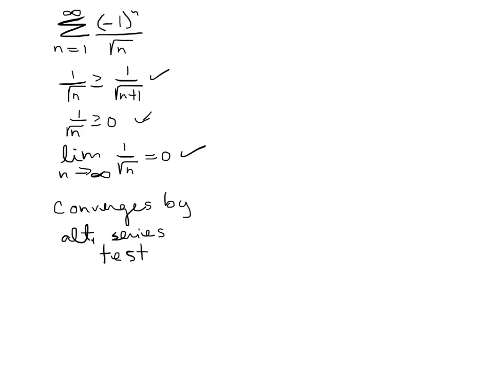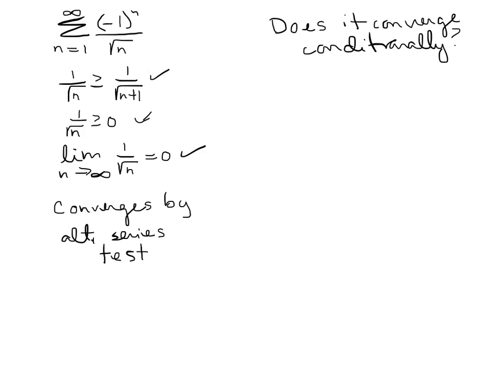But if we wanted to see, does it converge conditionally? Does it matter whether it had that -1 to the n in there or not? So what we're going to do is look at the absolute value of it.